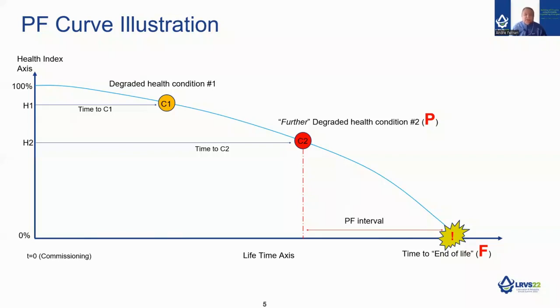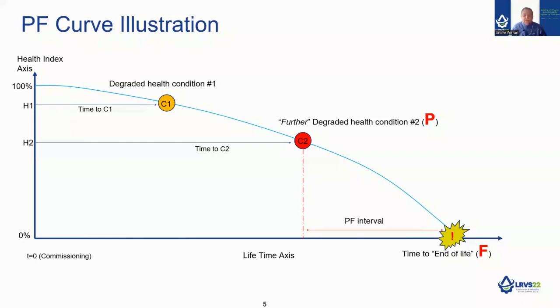A degraded condition like C1 or C2 means that the asset has deteriorated, but it has not yet stopped functioning. So it's still producing, it's still working, it's still pushing product through, if you want. Whereas the failed section, it's basically not functioning at all, or if repaired, will fail soon after.